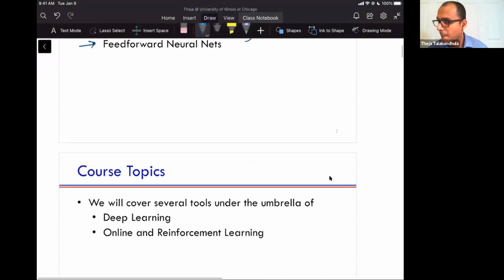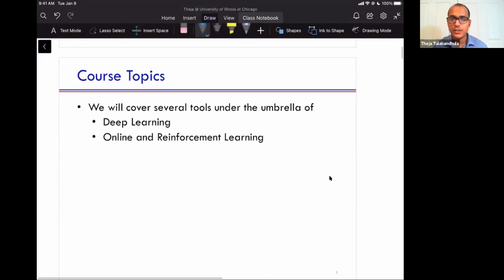As I said, the key parts of the course: the first part is going to be deep learning. And the second part is what we call online and reinforcement learning. It's just terminology from the relevant subfield. But the overall umbrella under which these tools fall is decision making.